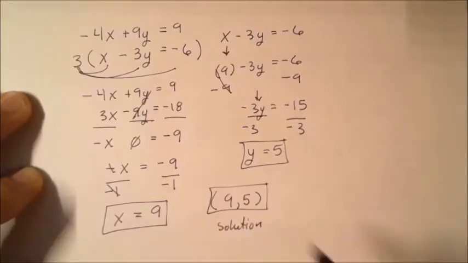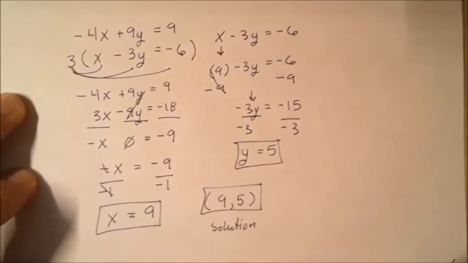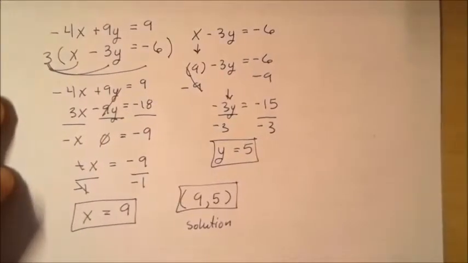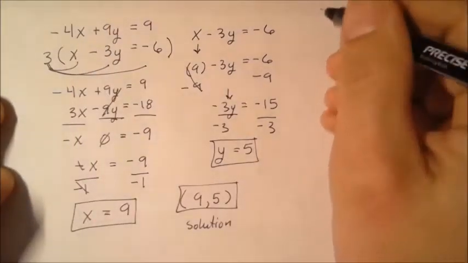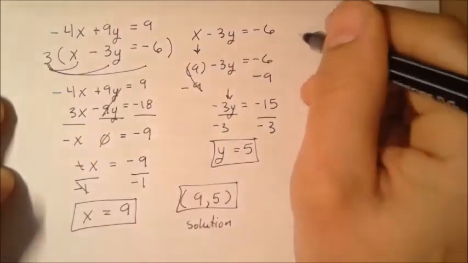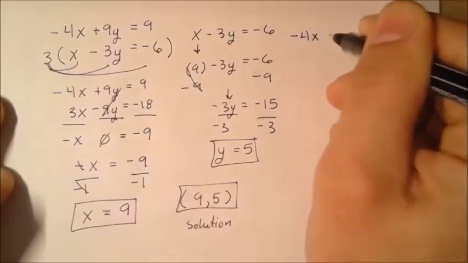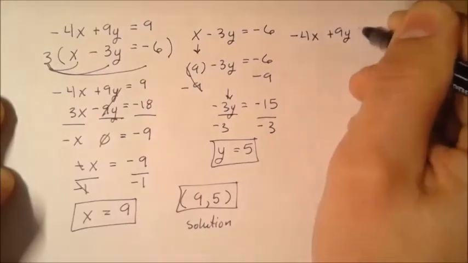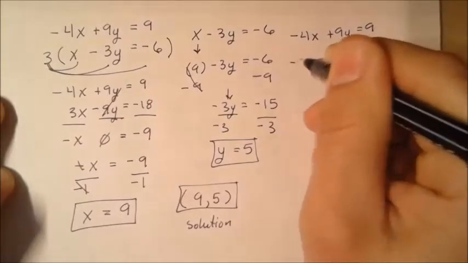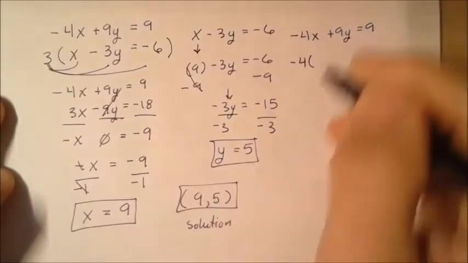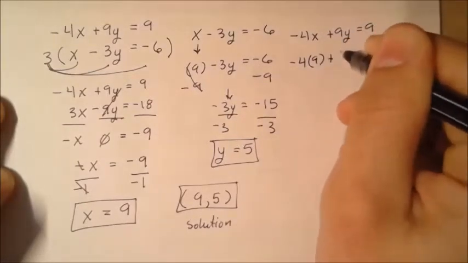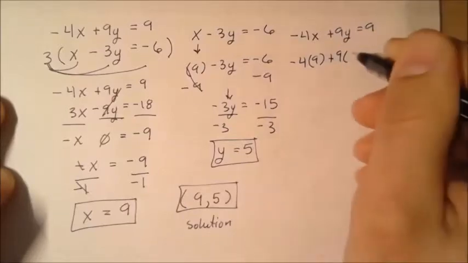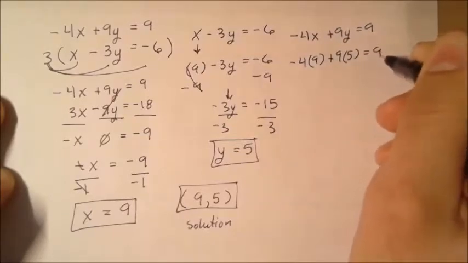Now, just as with substitution, we do want to verify our answer. We want to justify it. So we're going to use this solution set of 9, 5 in both equations and make sure that it makes a true statement. So we'll use the top one first. I have negative 4x plus 9y equals 9. So that's negative 4 times my x value of 9 plus 9 times my y value of 5 equals 9.